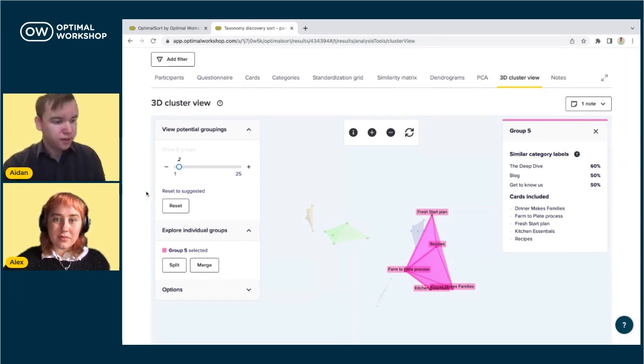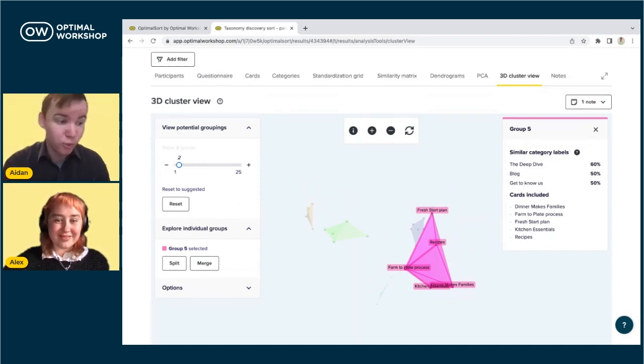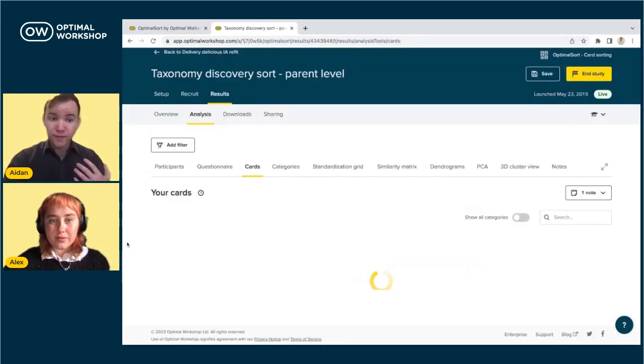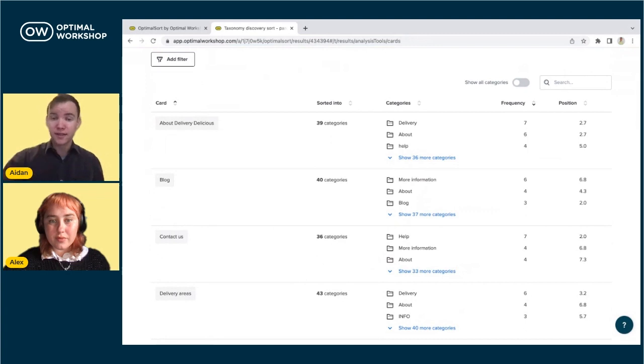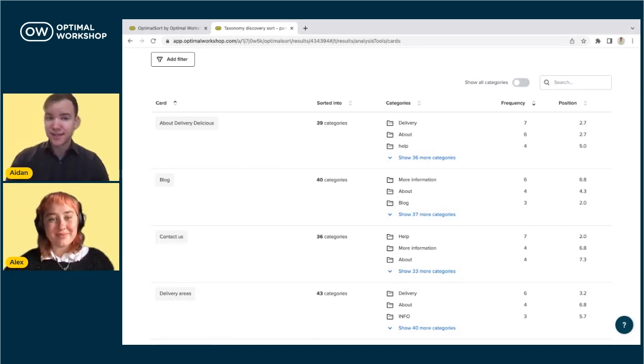But yeah, conscious of time, I'll wrap us up with what some next steps might be after analysis. And really, some next steps after an open card sort might be doing some validation. Maybe we might take some of those trending ways that people have placed the cards in the categories and use some of those trending categories to form a closed card sort and send that out to participants and see if people have a shared perception on what cards would go where if we were to preset those categories.